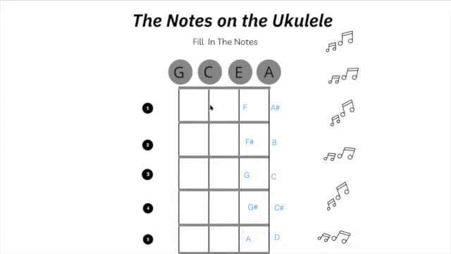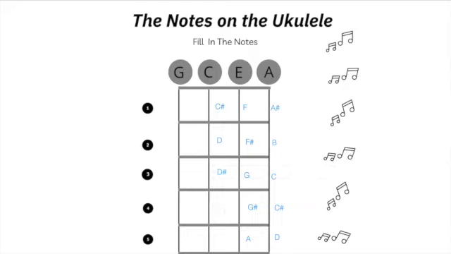Now, right here on the C string, we start here. So this is C sharp. And then after that, it's D. And then after that, it's D sharp.